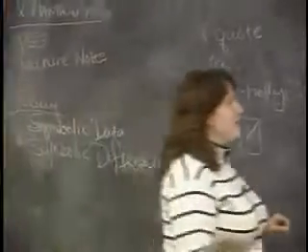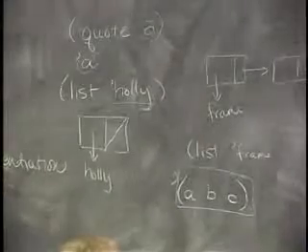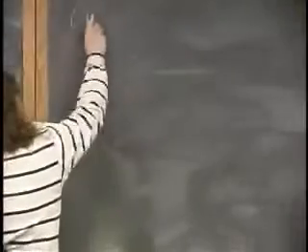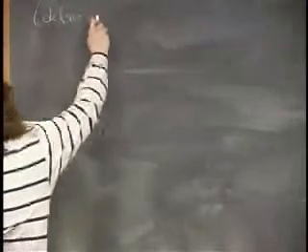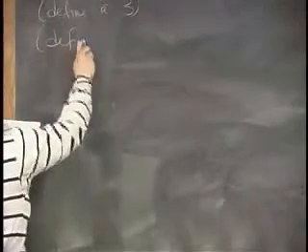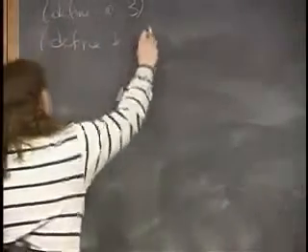So let's say I had defined some variables, and let me actually use the ones off the handout. I'm going to define A to be 3, and we're going to define B to be 4.